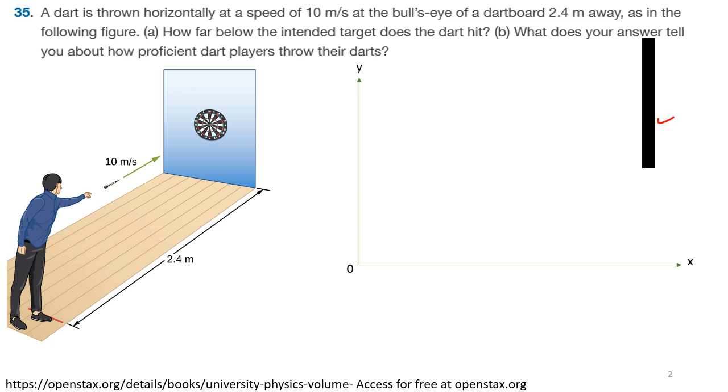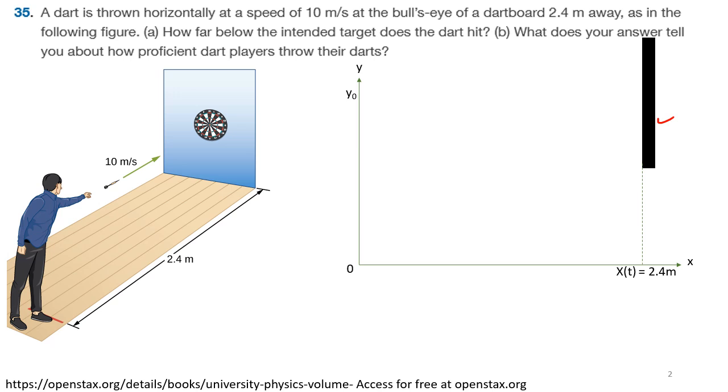After some time, the position of the dart is x_t. So x_t is the position of the dartboard as well. You write x_t is 2.4 meters, since the dartboard is fixed 2.4 meters away from the person.